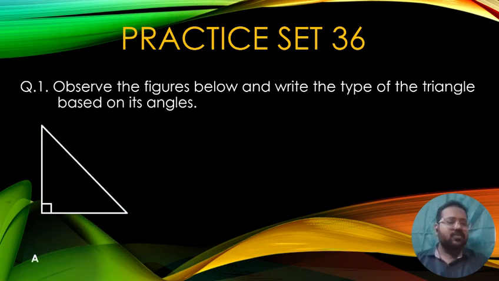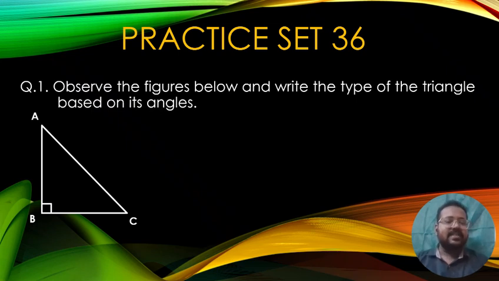Here is the first question for you. I hope you remember the hint I gave just before: if you observe a little square on any of the vertices of a triangle, then you can blindly conclude that it is a right angle triangle.